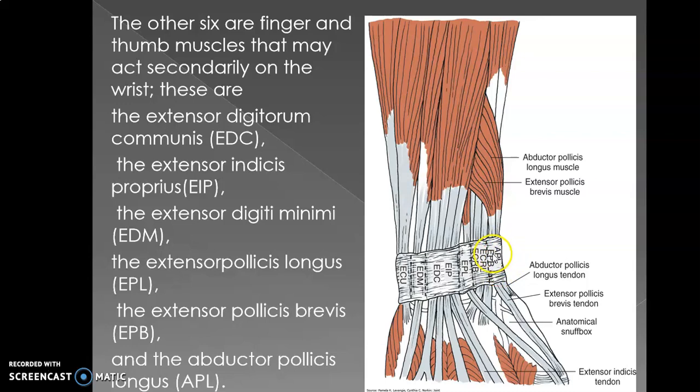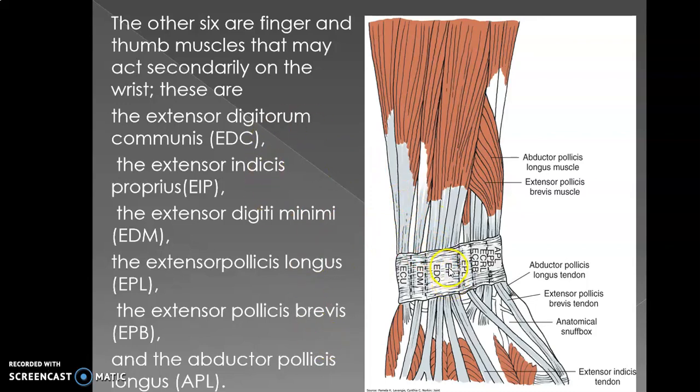Then you have the extensor pollicis brevis, extensor carpi radialis longus, extensor carpi radialis brevis, extensor pollicis longus, extensor indicis proprius, the index, you show your direction with your index finger, which is extension.